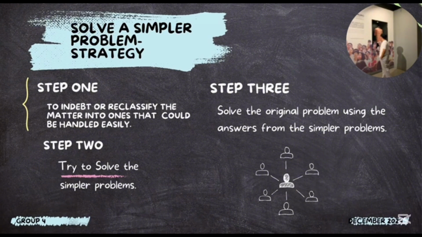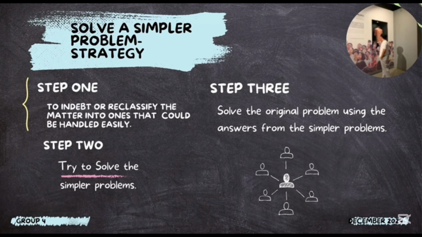Let's head on to the strategies on how to solve simpler problems. There are 3 steps. Step 1 is to reclassify the matter into ones that could be handled easily, meaning we need to break down the original problem into smaller parts in order to solve the simpler problem.